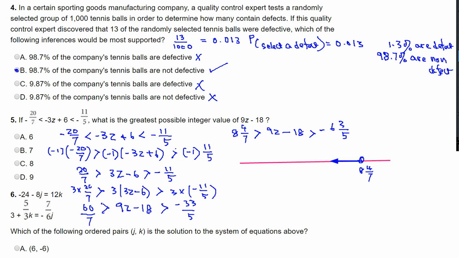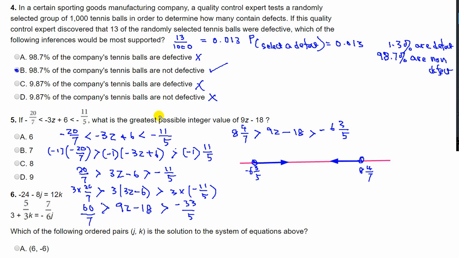Then you have to be bigger than minus 6 3 over 5. So you have to be bigger than this.